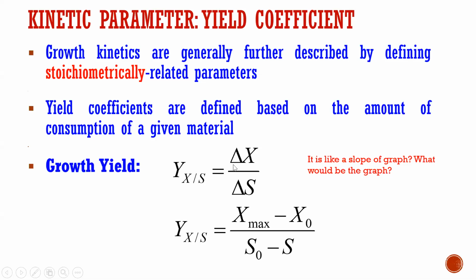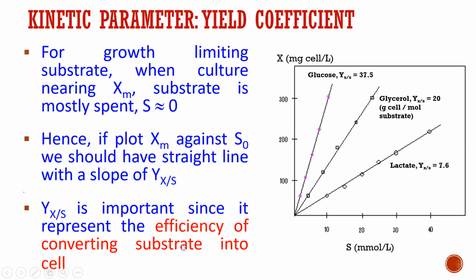It's a change in the biomass concentration divided by the change in substrate, like the slope of a curve. To calculate it, you take the maximum cell concentration minus the initial one, X naught, the initial cell concentration, which is actually equal to 0 at time 0, divided by the substrate concentration change. This is very simple and straightforward. If you need to determine these kinetic parameters, it's very easy.